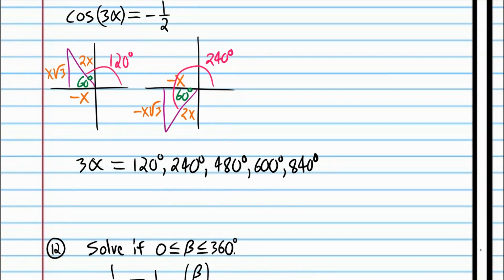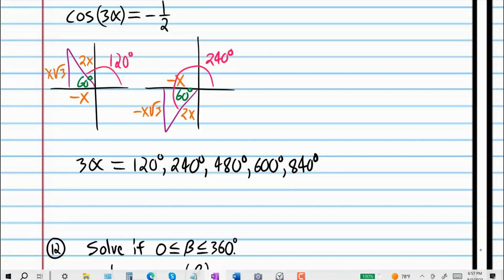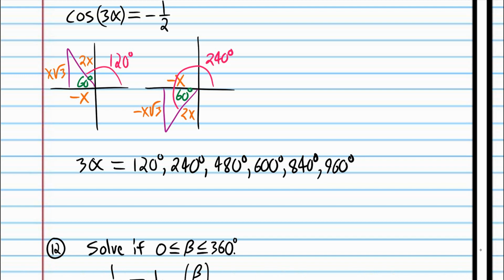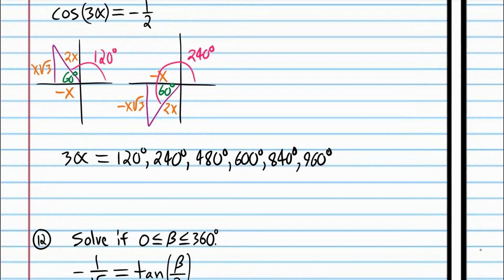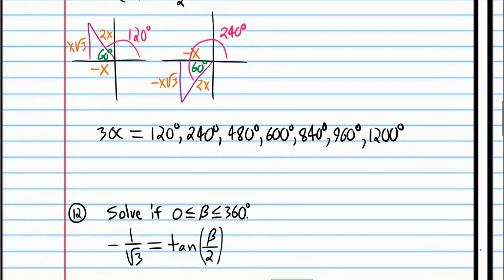And 600 plus 360 is 960. So that should be it. We can find one more just to be sure that we found all of them. So 840 plus 360 is 1200. That's not going to lead us to a solution, but that's just to be sure that we found all of these.